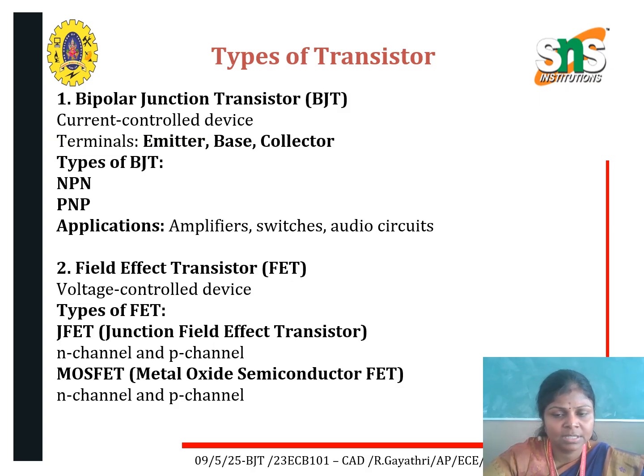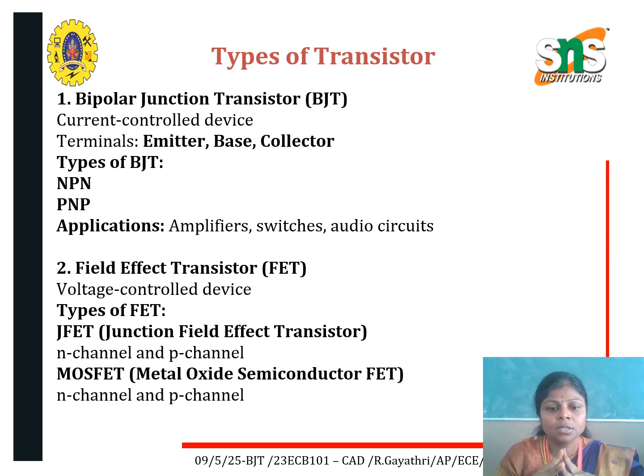The name represents field effect, so it is called a voltage controlled device, and it has two types, which are junction field effect transistor and metal oxide semiconductor field effect transistor. The junction field effect transistor is classified into two types, N channel JFET and P channel JFET, and it also has three terminals, which are source, drain and gate.